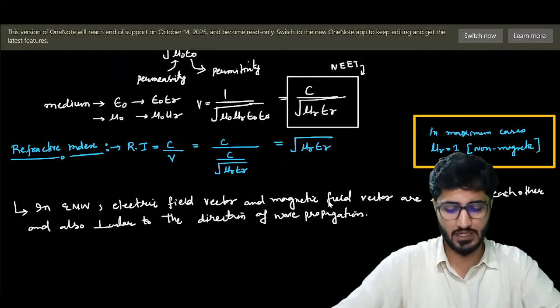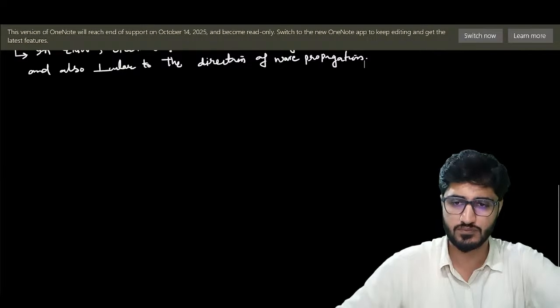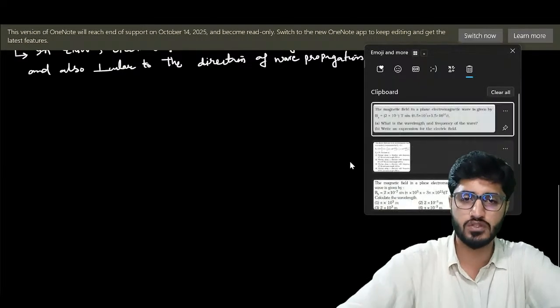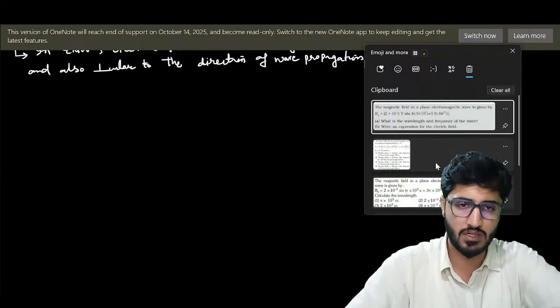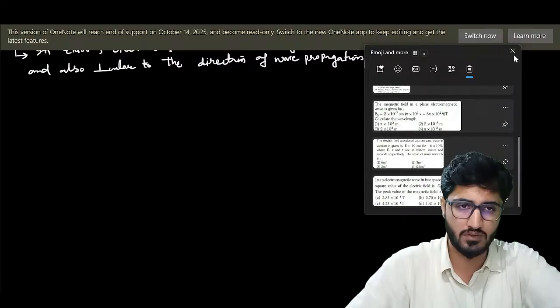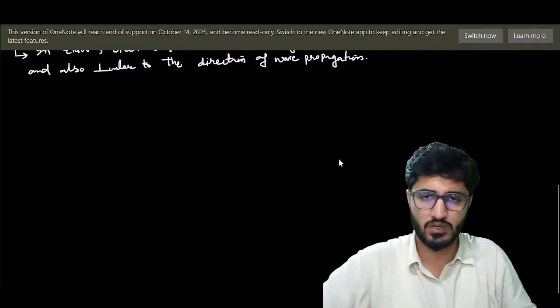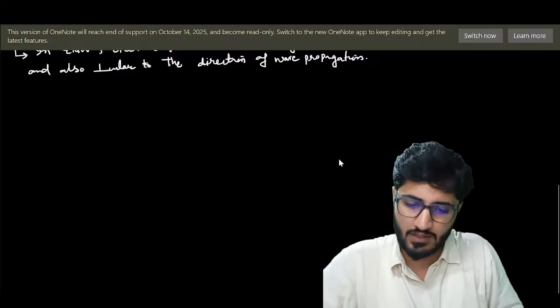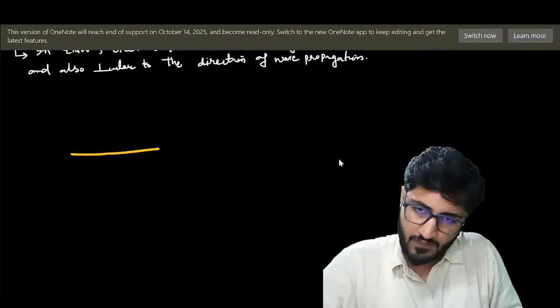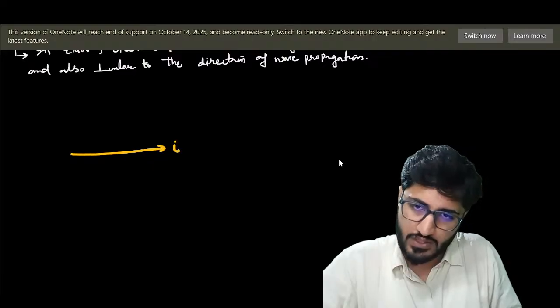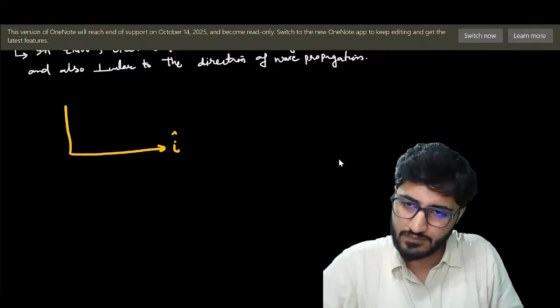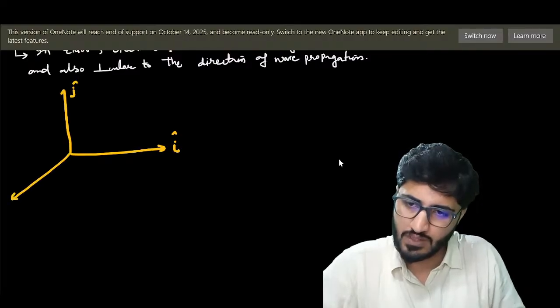I will show you this thing by visualizing, but I guess there is no visualization present now. So no worries. We know it is i cap, j, and k.